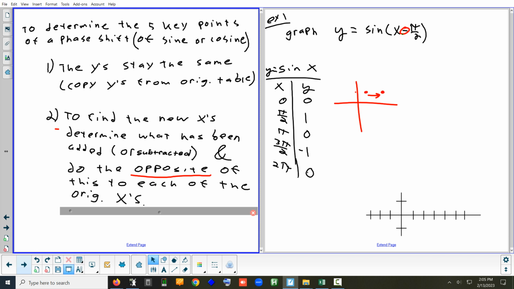So we would have to add pi over 2 to all the original x values. So with this transformation, you do the opposite. With the one we're going to learn tomorrow, you do not. So somehow you have to remember when you do the opposite and when you don't. This is when you do the opposite.